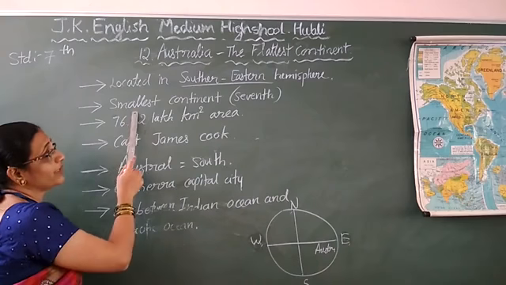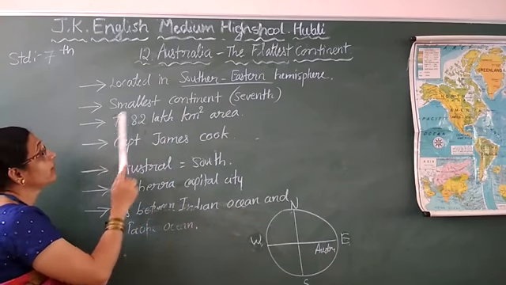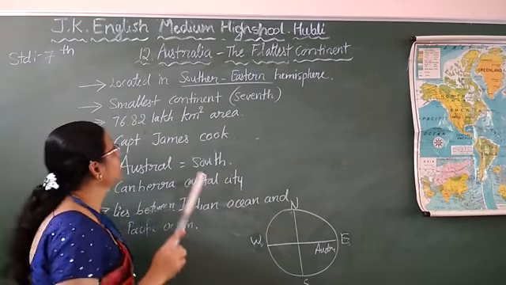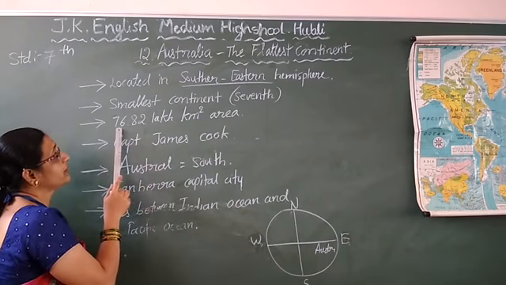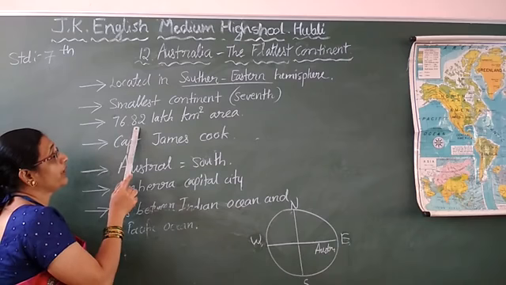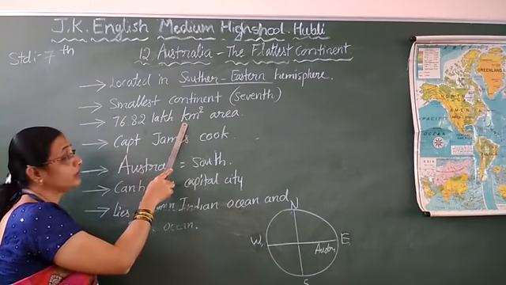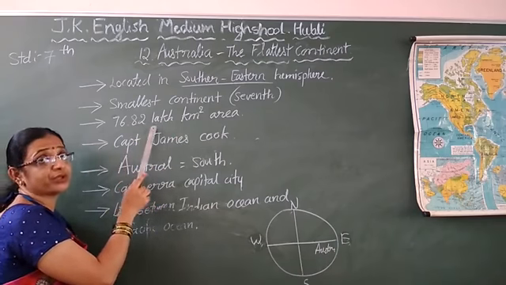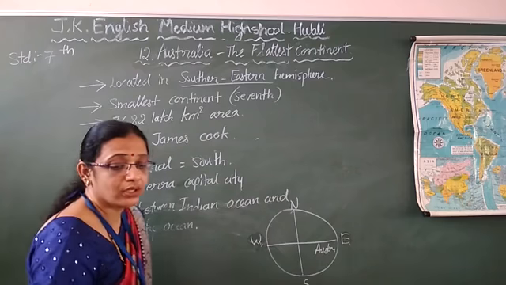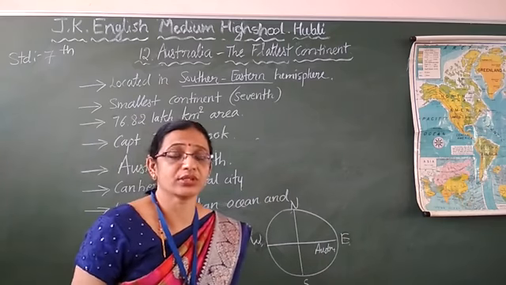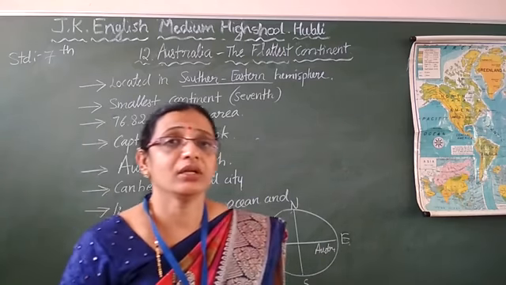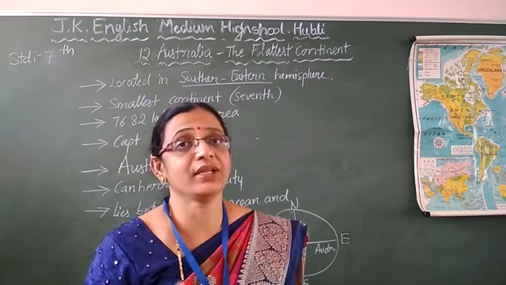Okay. Smallest continent available. What is the area of Australia? It is 76.82 lakh square kilometers. In simple words, if we want to say the area of Australia, it is double the size of India.